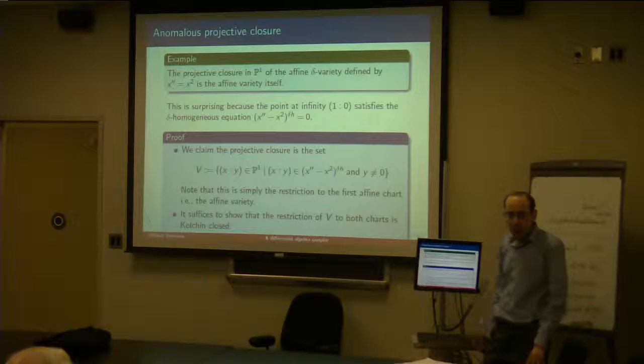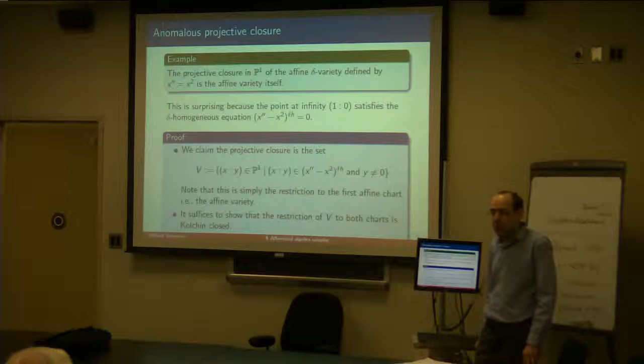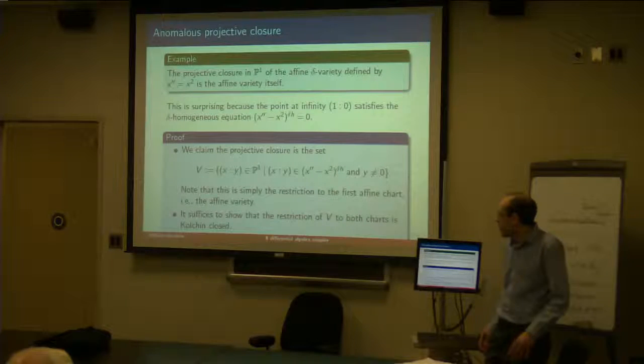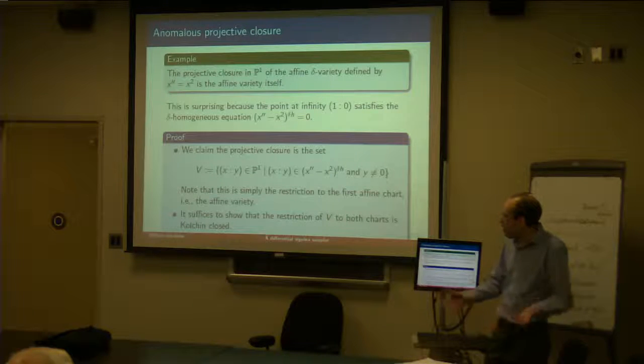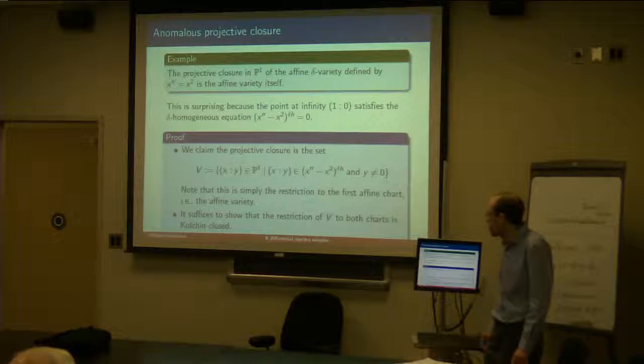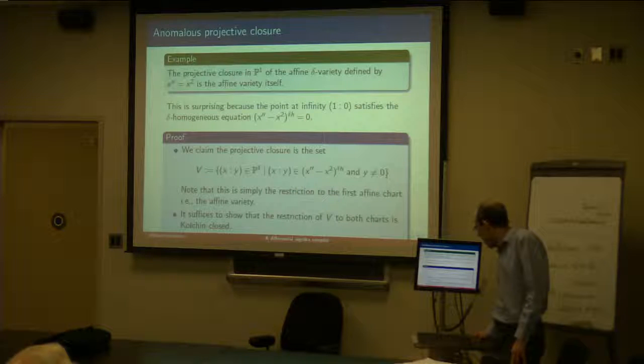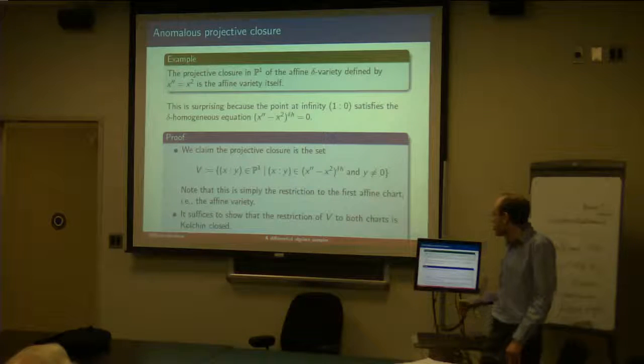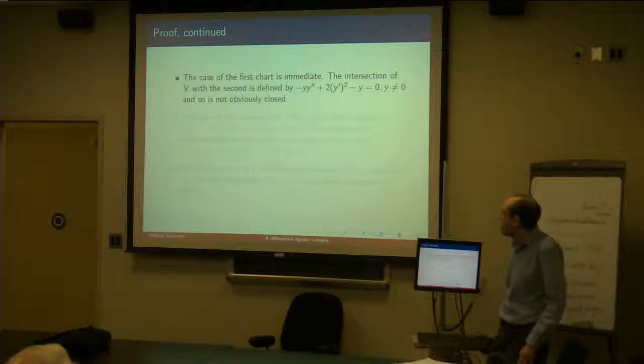It's a general topological fact, nothing to do with algebraic geometry, that if you have a subset and an open cover, and the intersection is closed in the subspace topology on each of those open sets, then the whole thing is a closed set of the overall space. So we just need to check that the restriction is closed in each case.